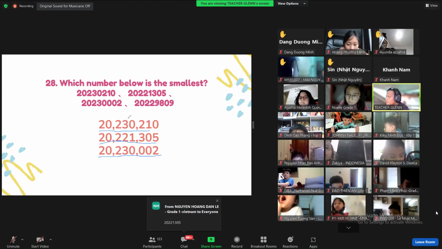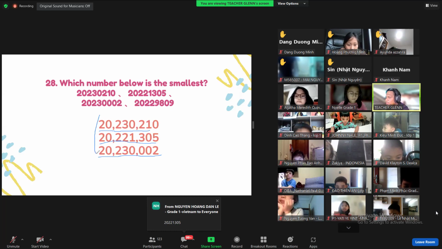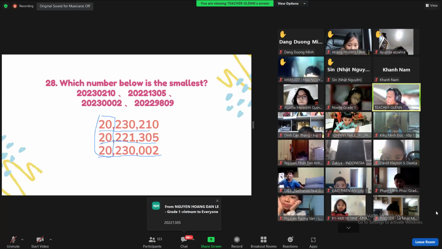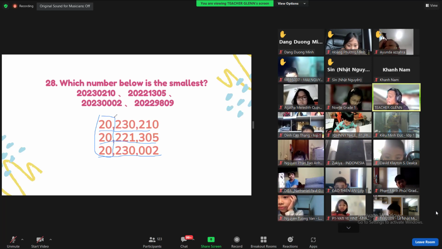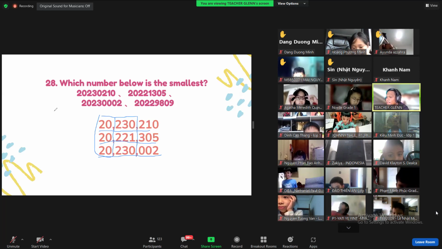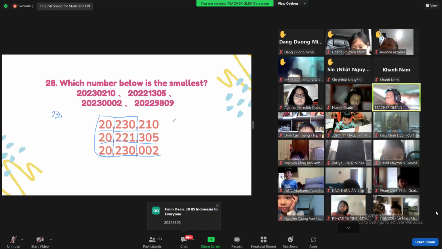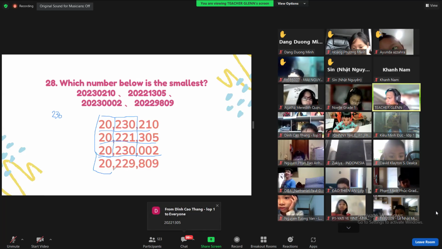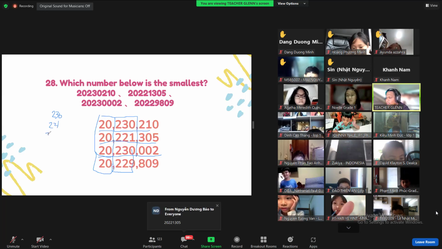First, we're going to compare the first two digits. This is 20, this is 20, and this is 20, so they are equal. Next we're going to compare the next three digits. So this is 230, 221, 230, and 220.